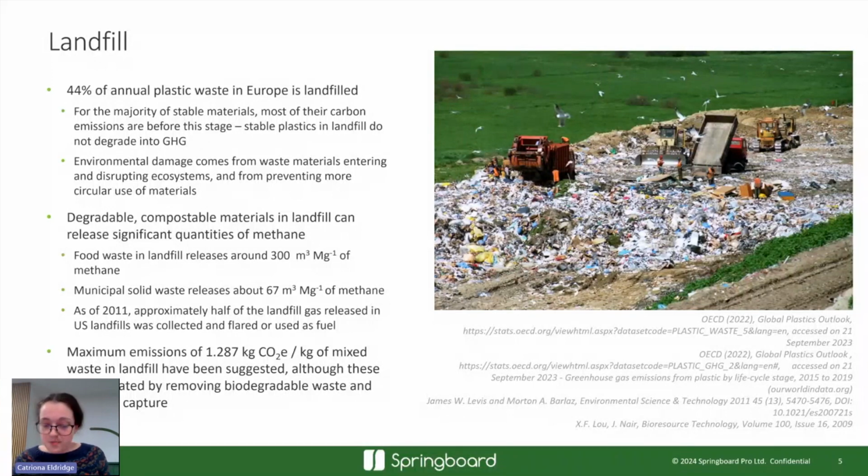And at this point, I'm hoping to bring in some nuance because actually for plastic waste, landfill isn't a completely terrible option. Most materials that are stable, almost all of their carbon emissions across their life cycle, they're before this stage. They don't happen in landfill. Stable plastics in a well-managed landfill, that is one that's up to European or modern American standards, doesn't degrade into greenhouse gases. It's a pretty good carbon sink.